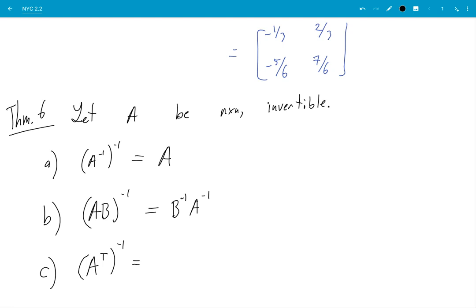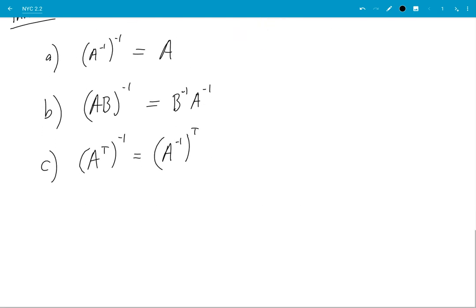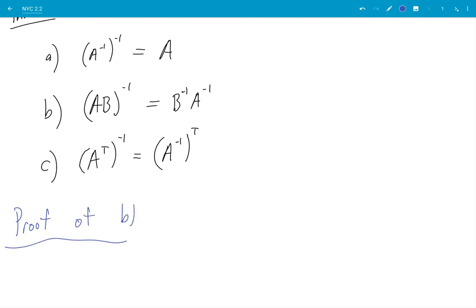And the transpose and the inverse can switch places. Why don't I prove one of these? Proof of B. Proof of B.